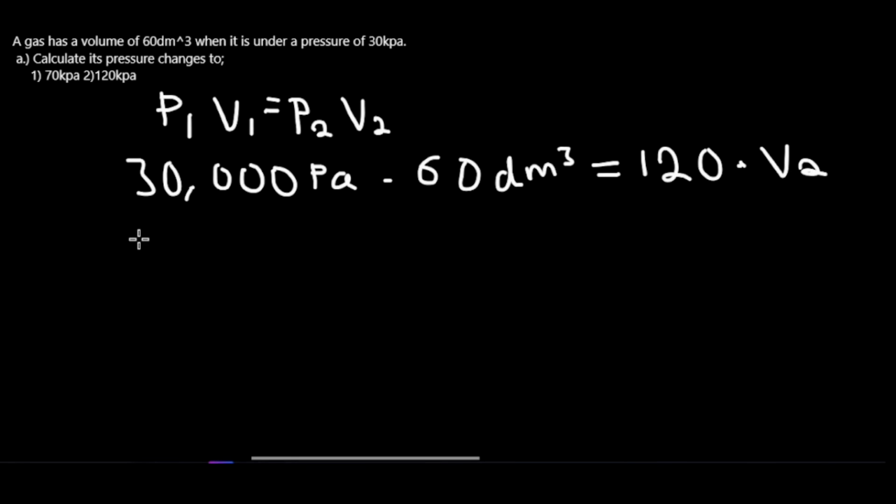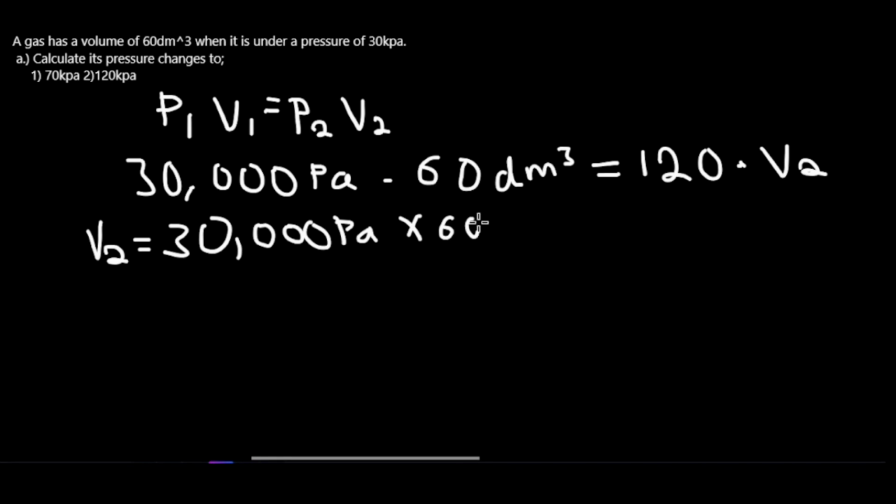Once we make V2 the subject of the formula, our V2 will be equal to that 30 kilopascals in pascals over 120. One thing you should notice is that pascals and pascals will divide to 1, or in layman's terms, they cancel.